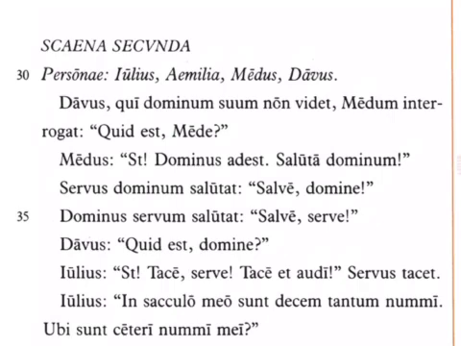All right, servus dominum salutat, the slave greets the master. Salve domine, hello master. So salve and saluta, some of these command forms are called imperatives, singular imperatives. Notice saluta and salve just end with a vowel. There's no T at the end like we've seen for other verb forms.